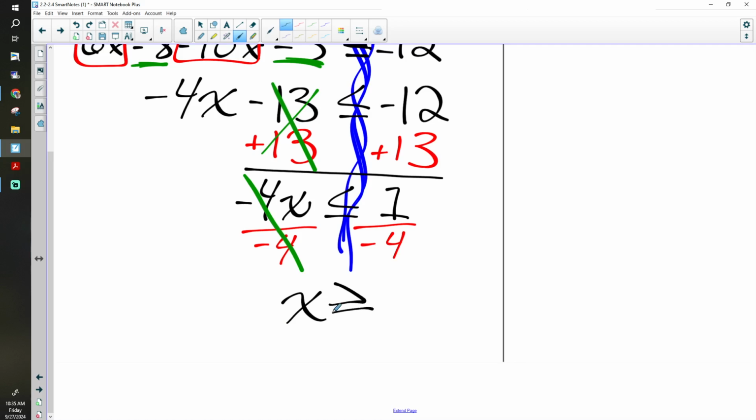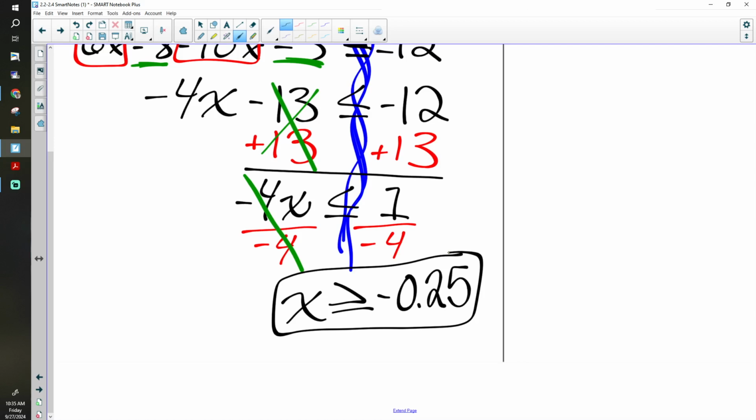Now it's a greater than or equal to. What is 1 divided by negative 4? X is greater than or equal to negative 0.25.